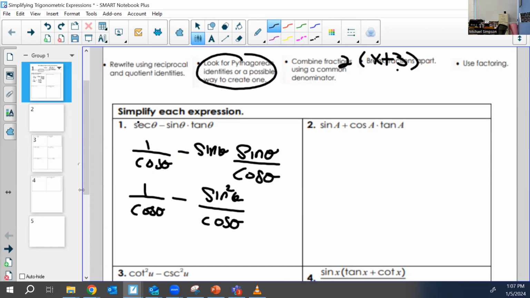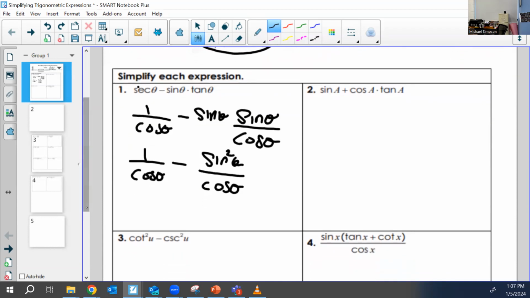I have two fractions. They have the same denominator. What would you do if they have the same denominator? You combine them. So that would give me 1 minus sine squared theta over cosine theta.